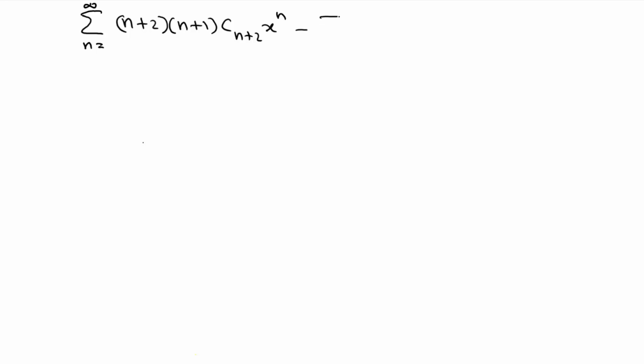Minus sigma n going from 0 to infinity, pulling 3 inside, 3 cₙ xⁿ equals 0.